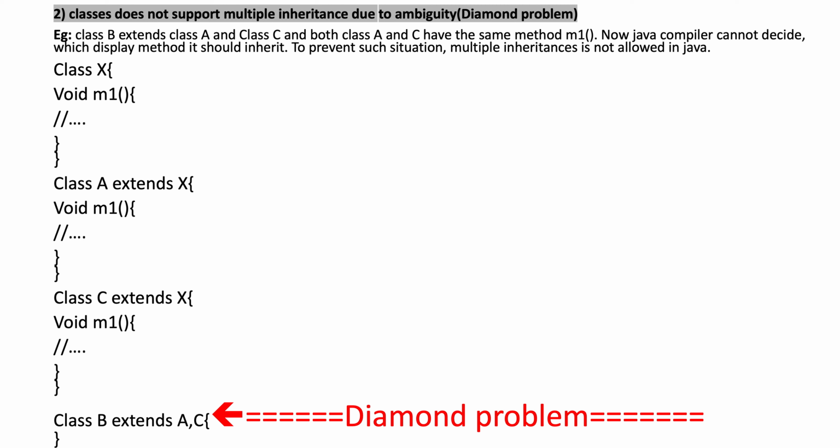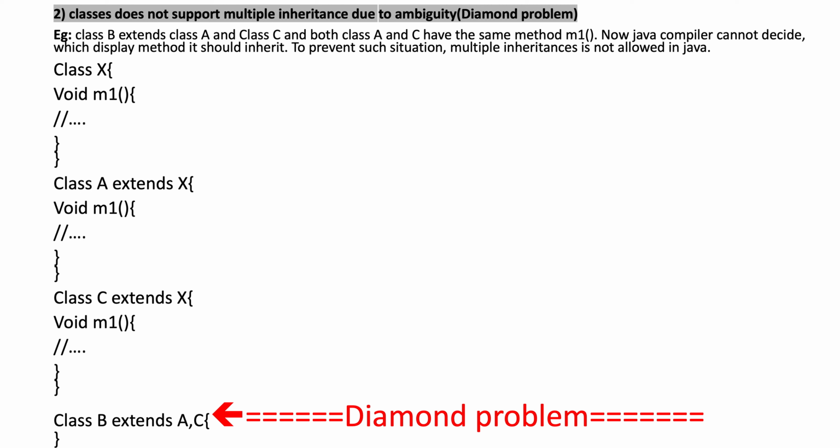Class A and C are the child classes of class X, and they are overriding the same method of the parent class X. In classes A and C we have the M1 method which is overridden. And for example, I create another class B, which extends class A and C both.